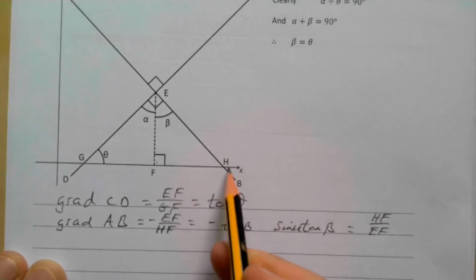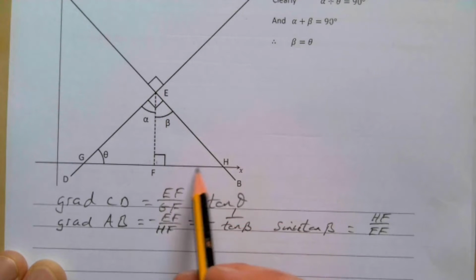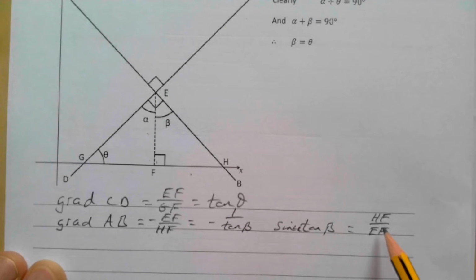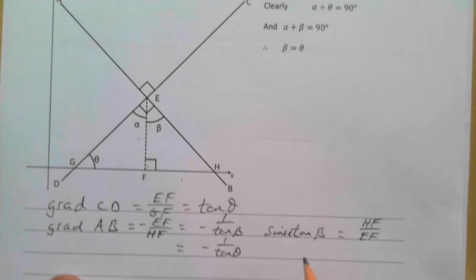Let's look at that. HF over EF, so there's beta there, so the opposite is here and the adjacent is here, hence the HF over EF, and then the negative version of that, so that's why it's 1 over. That then equals minus 1 over tan theta, because we just worked out above that beta must equal theta.